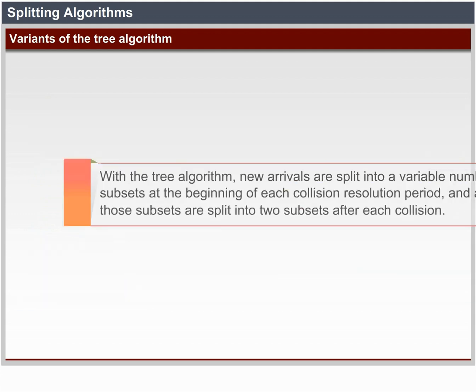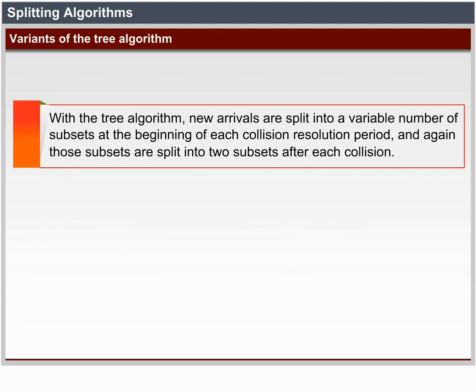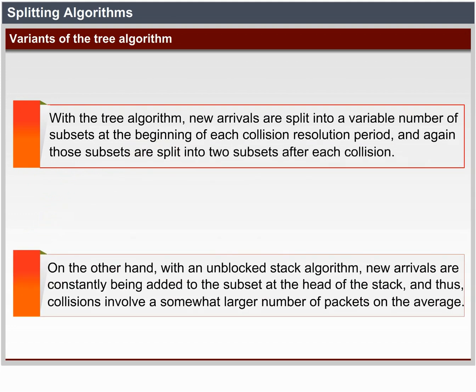With a tree algorithm, new arrivals are split into a variable number of subsets at the beginning of each collision resolution period, and then subsets are split into two subsets after each collision. With an unblocked stack algorithm, on the other hand, new arrivals are constantly being added to the subset at the head of the stack, and thus collisions involve a somewhat larger number of packets on the average.